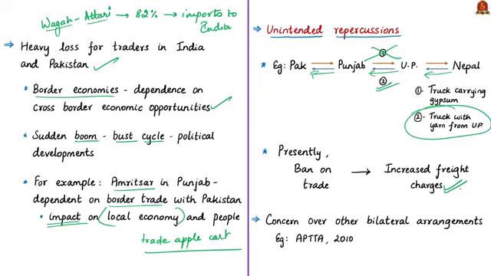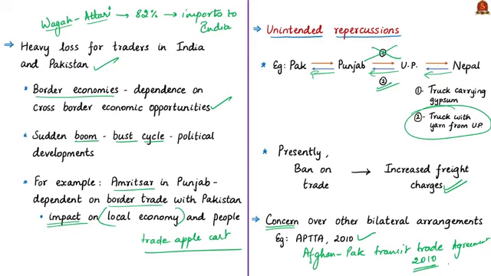Then the author expresses concern about the other bilateral agreements or arrangements such as the transit of goods from Afghanistan through Pakistan into India. For example, if you take the Afghanistan-Pakistan Transit Trade Agreement, that is APTTA, which is a bilateral trade agreement signed in 2010 by Pakistan and Afghanistan, it allowed for Afghan goods to be exported to India via Pakistan territory.